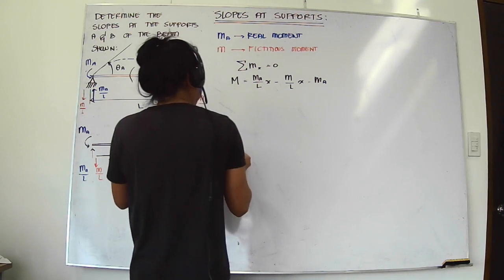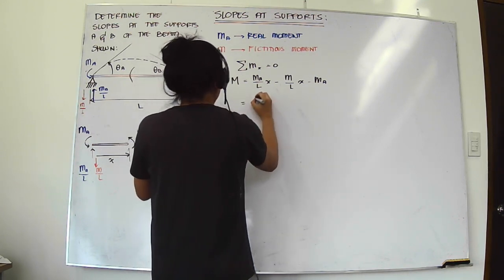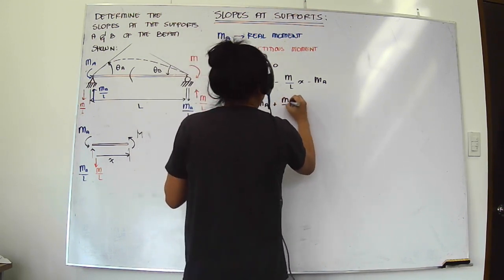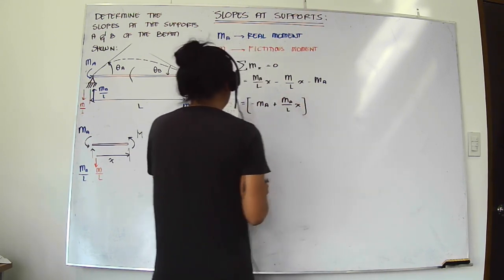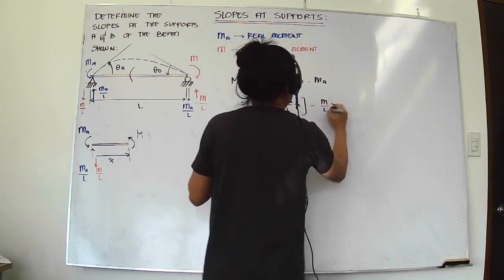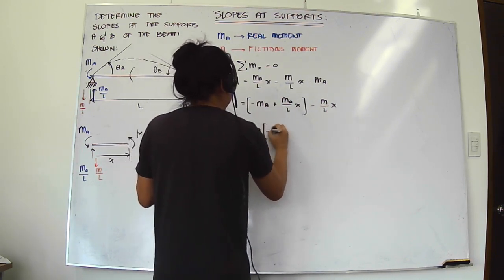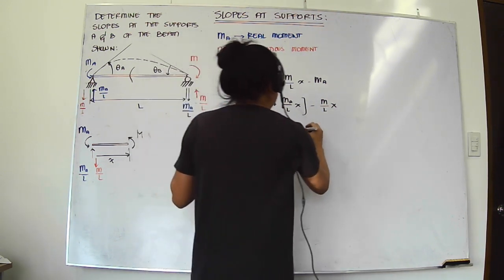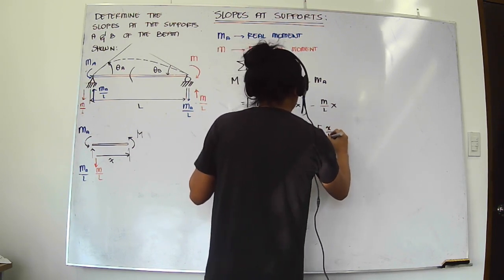Now, if I group together the MA and factor it out, I'll just say negative MA plus MA L. Parenthesis, negative M over LX. MA times negative 1 plus X over L, plus M times negative X over L.